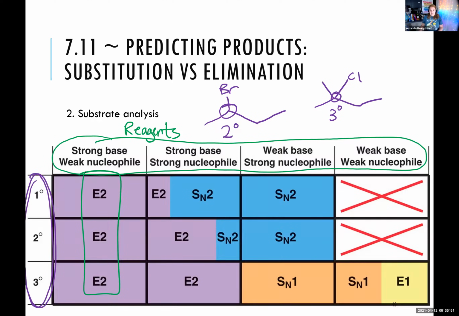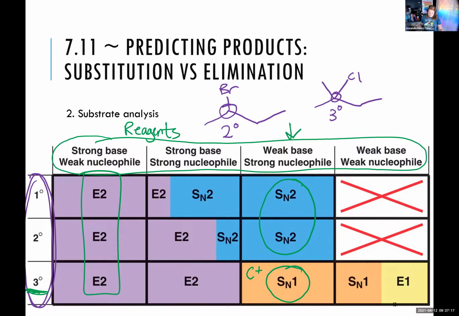If we have a weak base that can also act as a strong nucleophile, it will go through an Sn1 reaction only if we have a good carbocation, so meaning a tertiary carbocation, and it will go through an Sn2 reaction if the carbocation isn't stable, so a primary or a secondary carbocation.